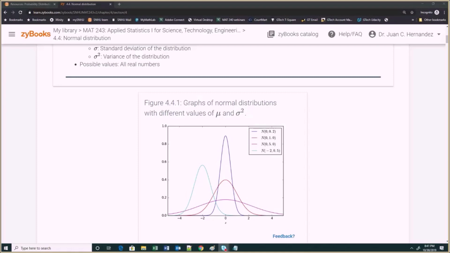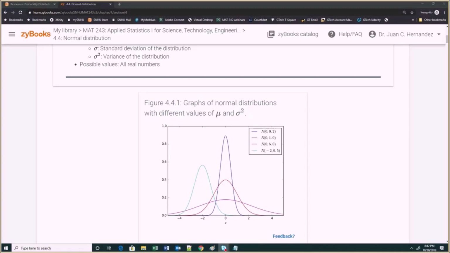Being bell-shaped also means that it is symmetrical. There is the same area to the left and to the right of the mean. The total area under a normal distribution is 1. And it represents probability.